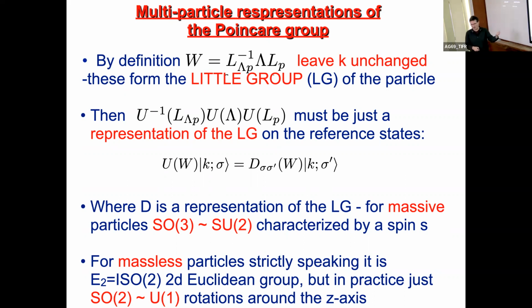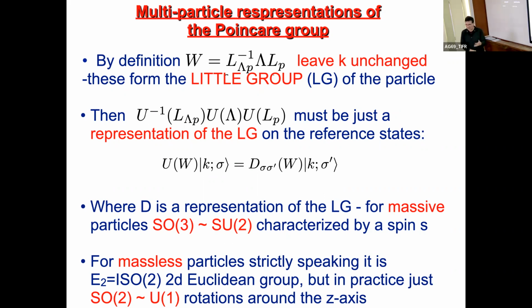At this moment, we don't quite know what all these other quantum numbers are. Then acting with this combination of transformations on the reference momentum, because the reference momentum remains unchanged, all it can do is act on these other quantum numbers, and it has to act with the representation of the symmetry group of this reference momentum.